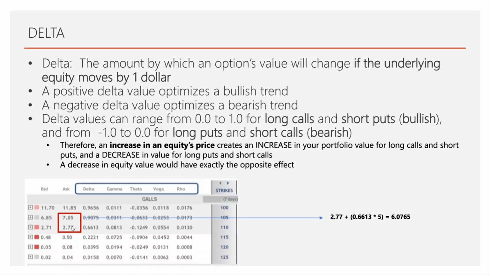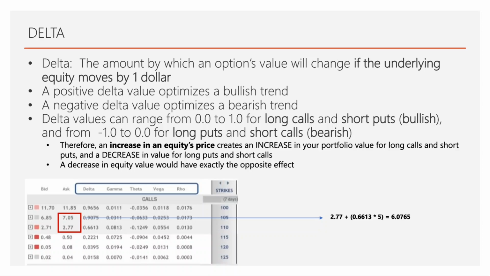Because of delta, the price will change to 6.0765, but there are other components which will contribute the remaining value. So when there is a positive delta value, that will favor a bullish trend. For example, if I am buying a call, positive delta will be favorable for me.